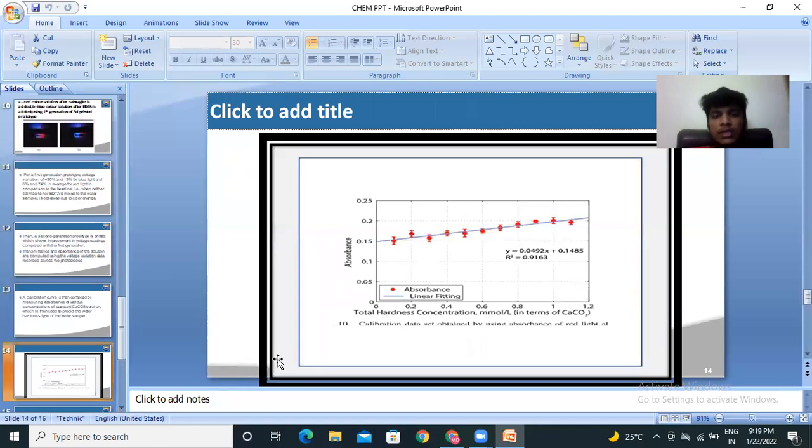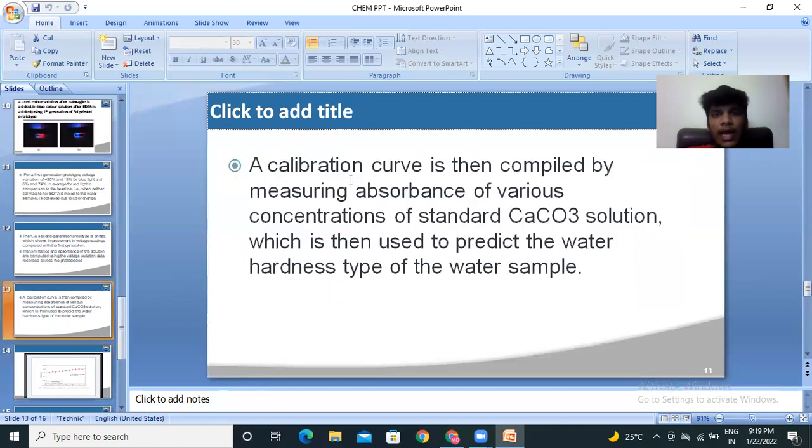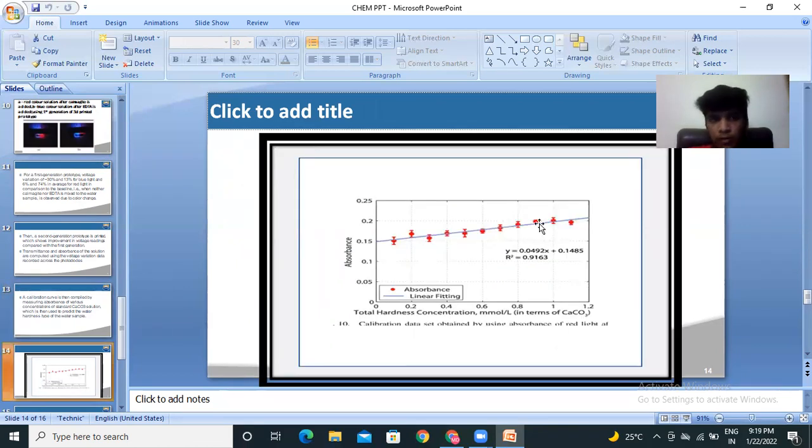This is the calibration curve we discussed in the previous slide. It shows the compiled absorbance measurements of various concentrations of CaCO3 solutions.